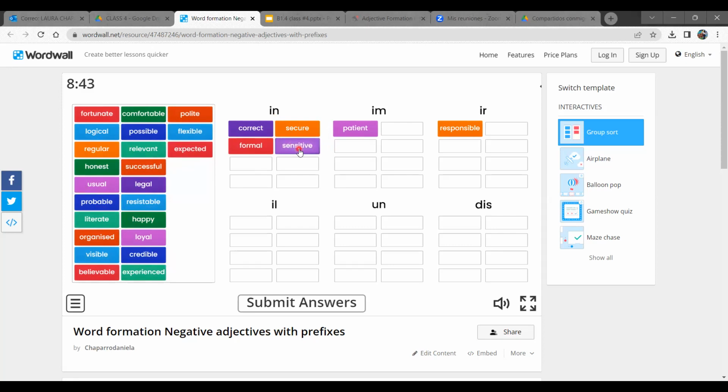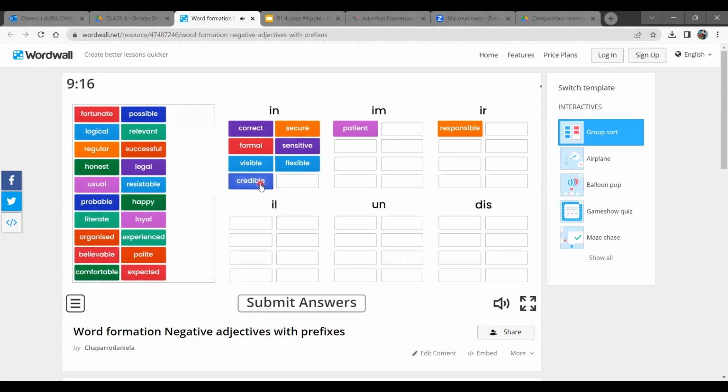What else? Invisible, yes, very good. Visible, invisible. Flexible, inflexible. Yes. Incredible. So we have credible, incredible. And then we're missing one more. Inexperienced. Yes, very good. Experienced, inexperienced.